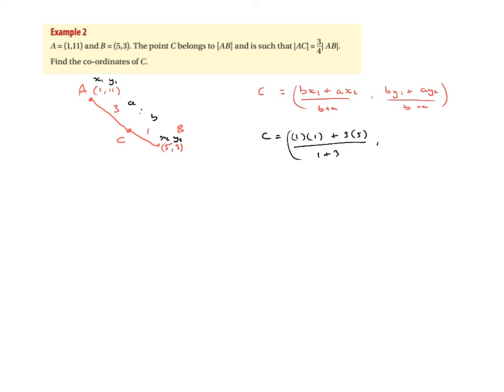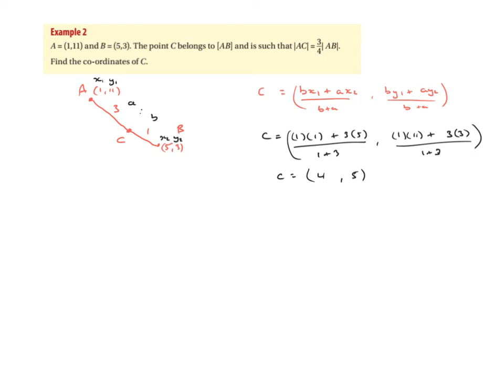The second one then, what we have is B, which is 1, by y1, which is 11, plus A, which is 3, by y2, which is 3, all over 1 plus 3, and there is my y coordinate. We're now just going to tidy it up. We're going to get C is equal to 1 plus 15, so that's 16 over 4, which is 4. And the next one is 11 plus 9, which is 20. 20 divided by 4, which is 5. And my C is (4, 5).